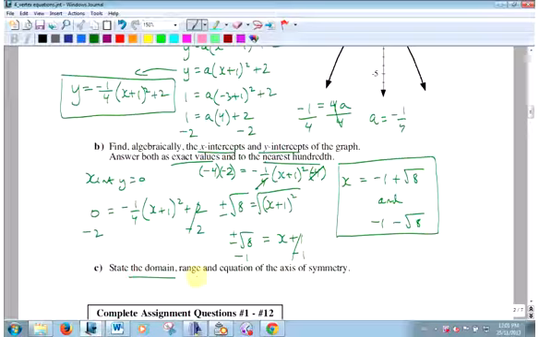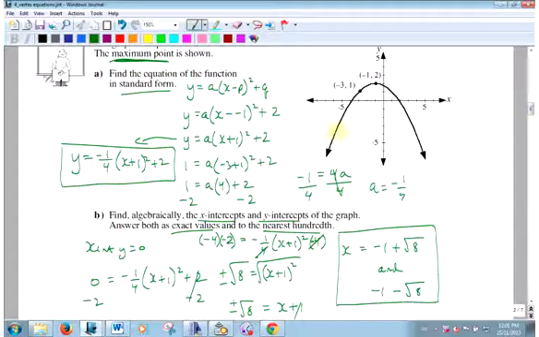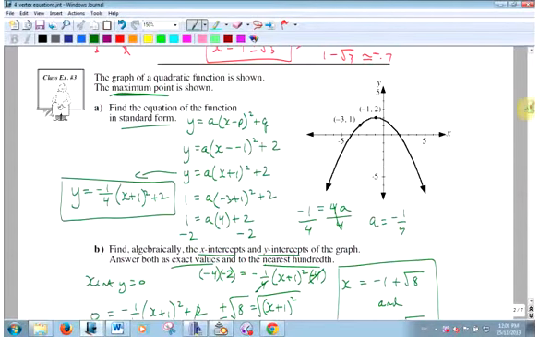All right, quickly review. What's the domain of this thing? Have a look, we've got a picture. Is there any x value that won't be on this graph? X is all real. How about the range? If only we knew the maximum point, we could find the range easily.